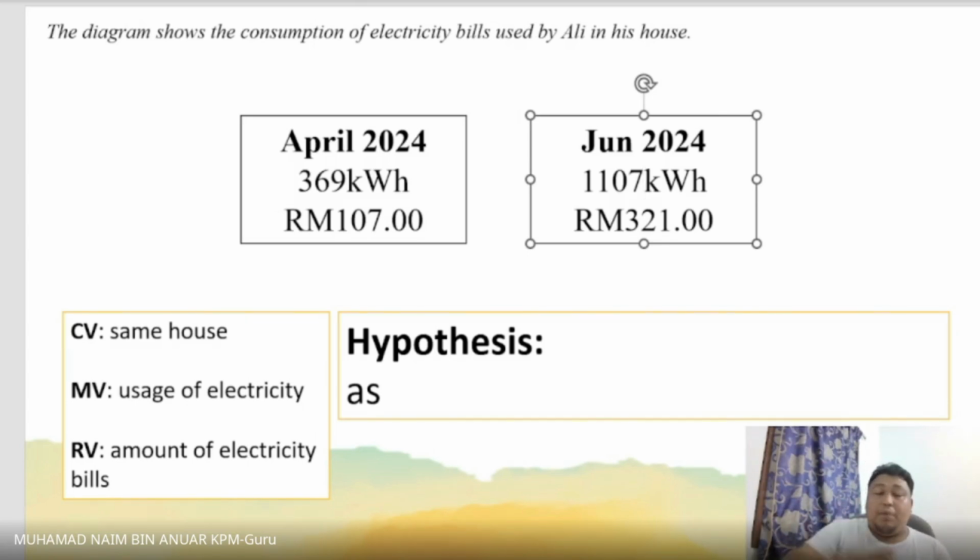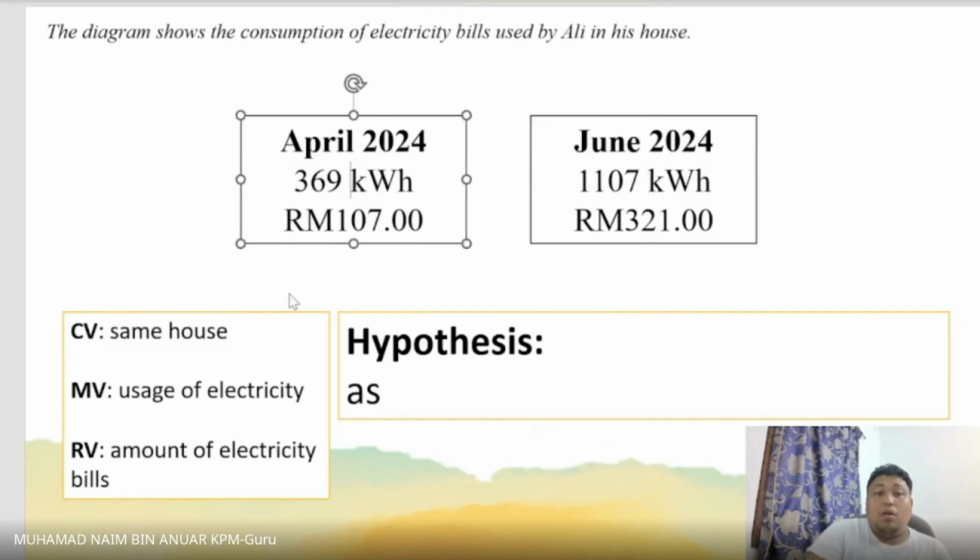What this means is basically, using more, you're going to pay more. So I put already the MV is usage of electricity: April he used 369, June he used 1,107 kilowatts, a lot more. And he paid 100 ringgit for April, and 300 ringgit for June. So RV is the amount of electricity bills.